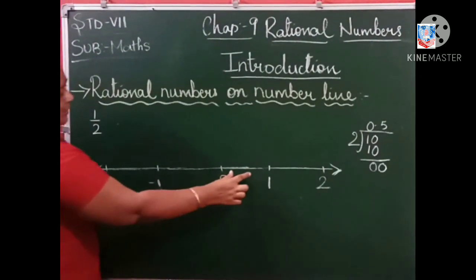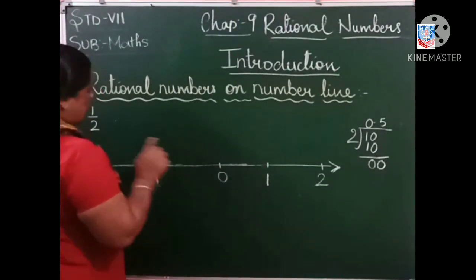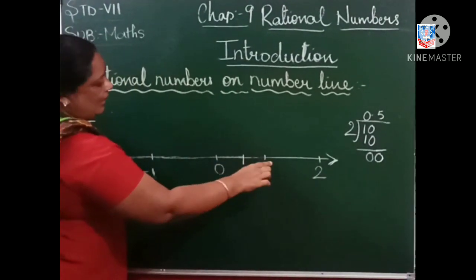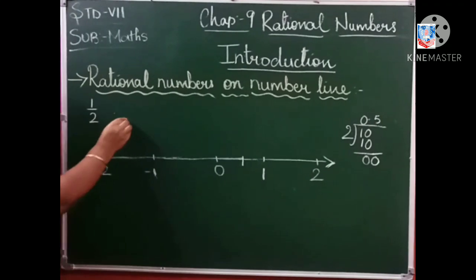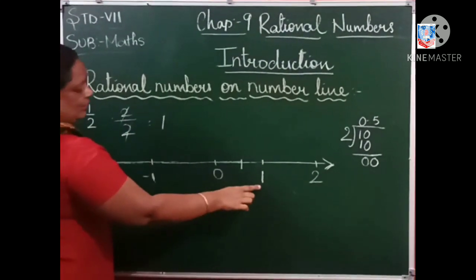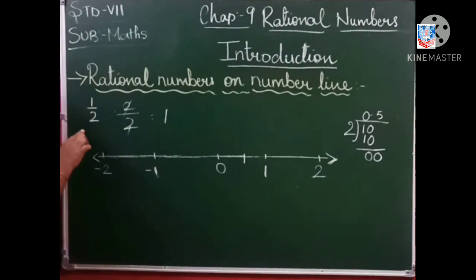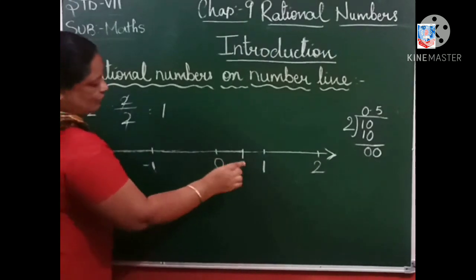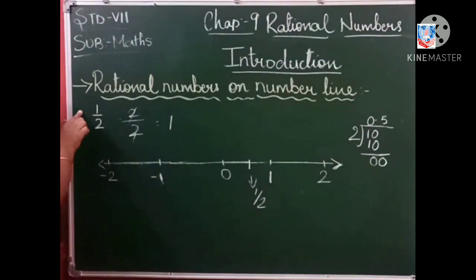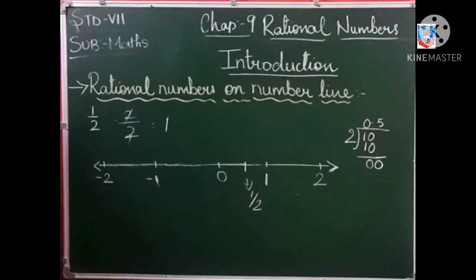So we will distribute this in 2 parts. 2 by 2 means 1. Second part here, 1. So our example is 1 by 2. That means 1 by 2 will come here. This is positive. If it is negative, then it will come here on the left side. Is it clear?